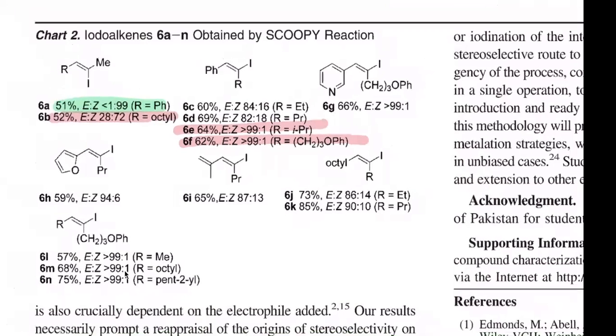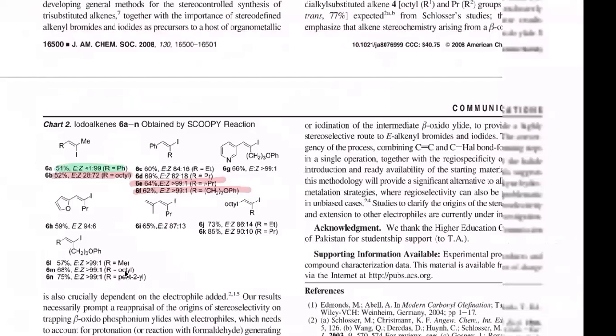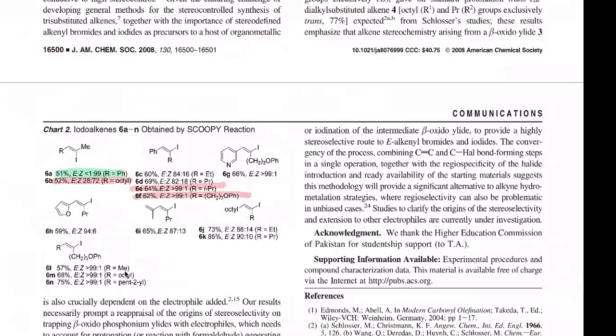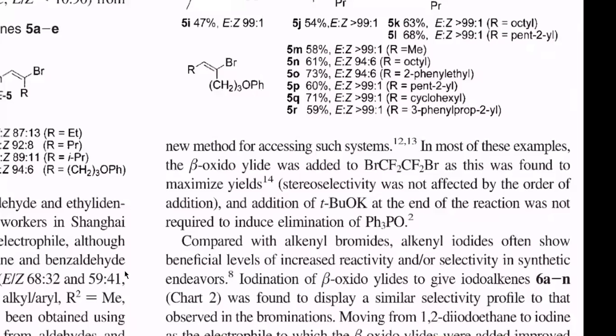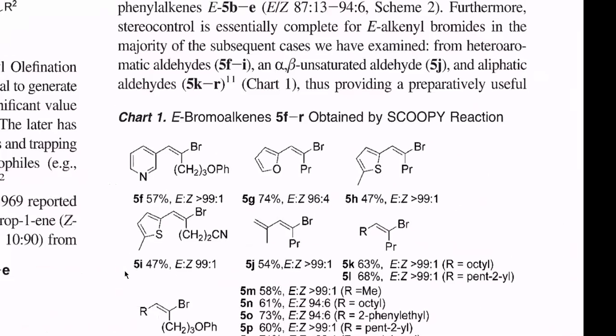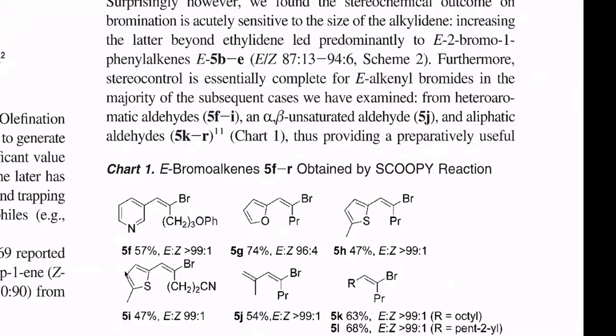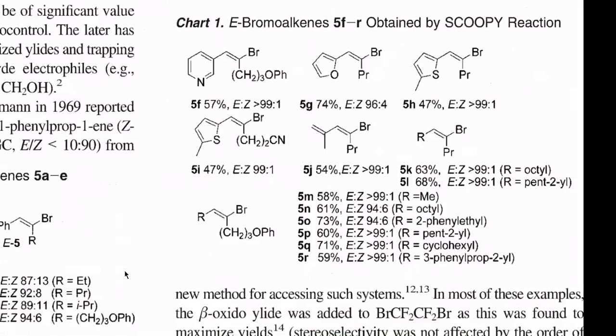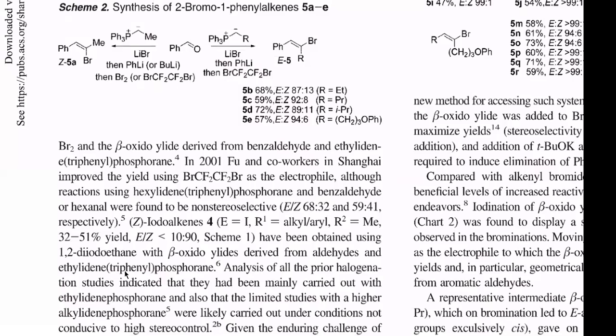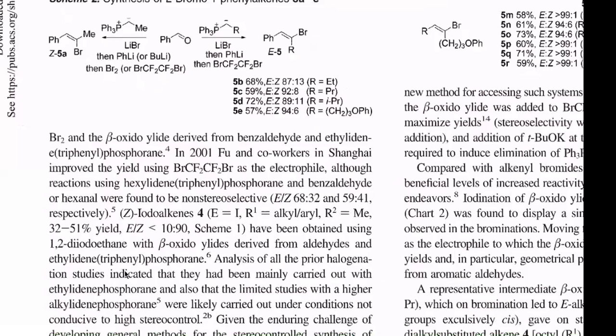Or is the iodine built into the substrate that they're using to make the ylide out of? Because it looks like they made bromoalkenes here and then iodoalkenes at the bottom. That's interesting.